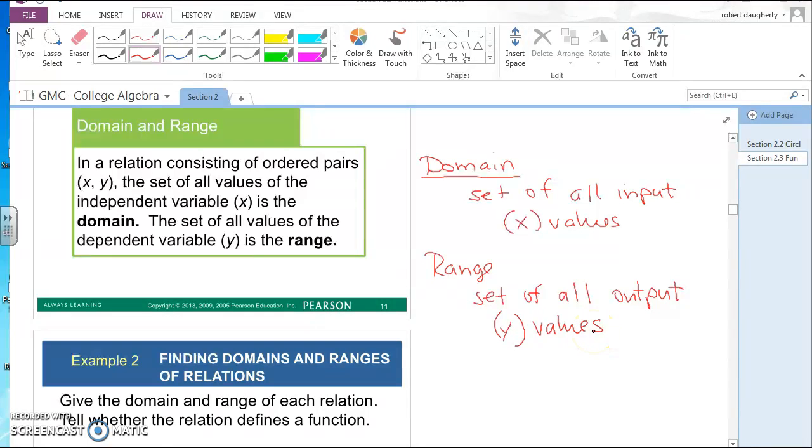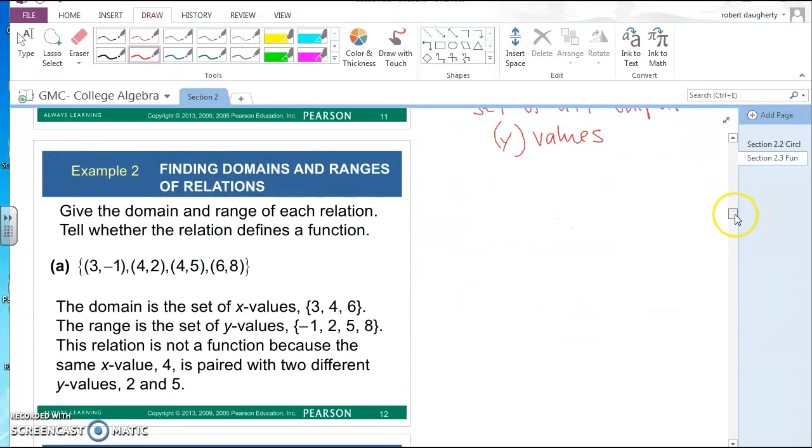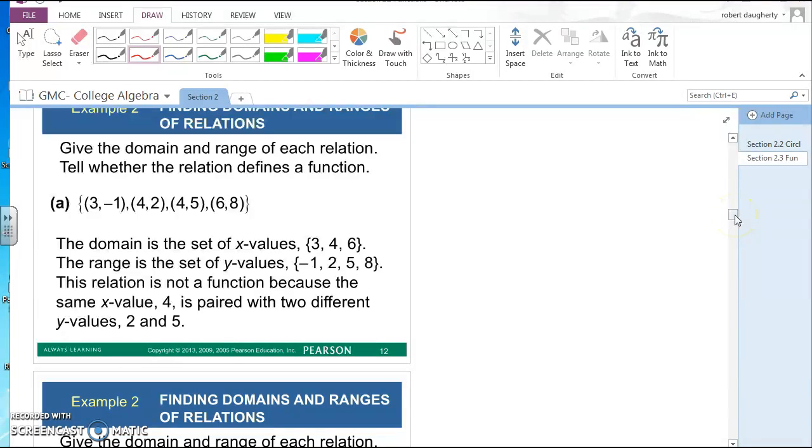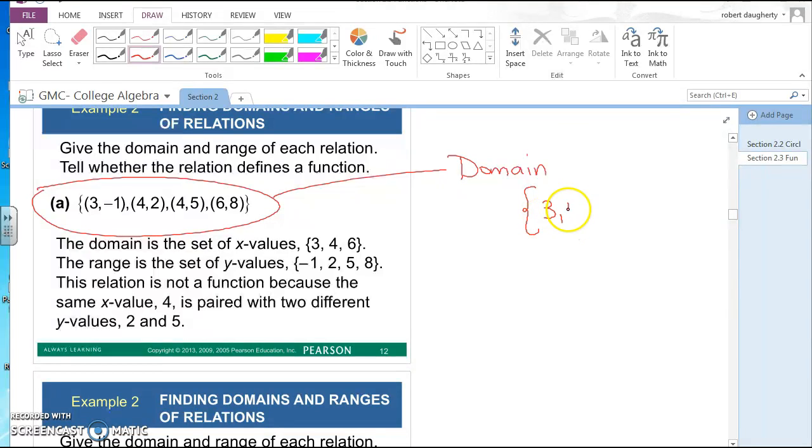So we can look at a relation, we can look at a function, and we can tell its domain and its range. So let's look, for example, in this one. So the domain would be the set of all input values, okay? So the domain of this function is going to be 3, 4, and 6.